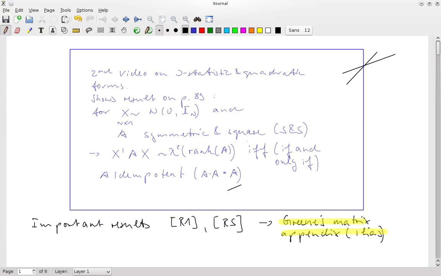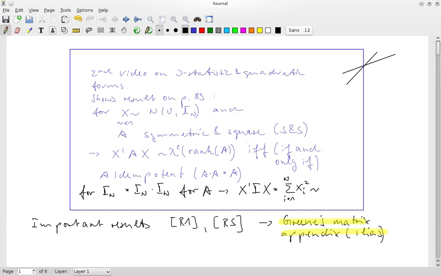Obviously, one thing to note is you could, for instance, use for A the identity matrix of order n. That's definitely a symmetric matrix, it's a square matrix, and the identity matrix is also idempotent, right? You multiply the identity with itself, and you get the identity matrix again. So if you use this matrix for A, what you will get as a quadratic form, x prime identity matrix x, is the same thing as taking the sum from i equals 1 to n of the squared elements of the vector, and these elements are standard normally distributed random variables.